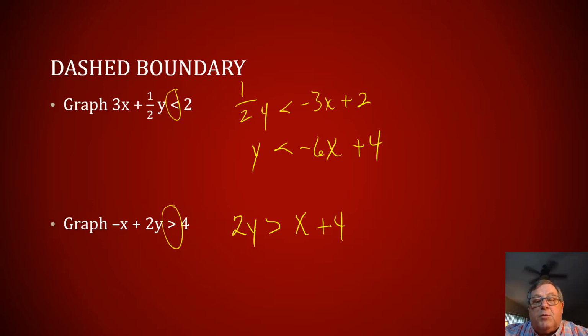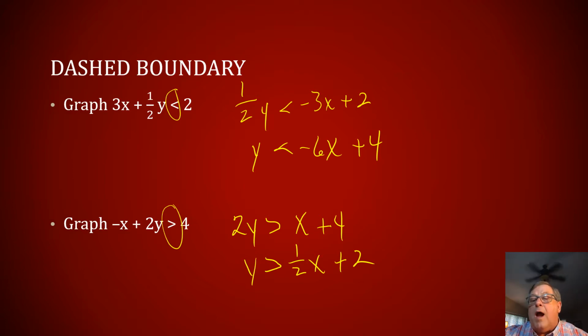And this time, since we have 2 times y, we're going to divide by 2. And so now y is greater than 1/2 x plus 2. All right. And I'm going to start with this first one. Let's move over here to the next slide.